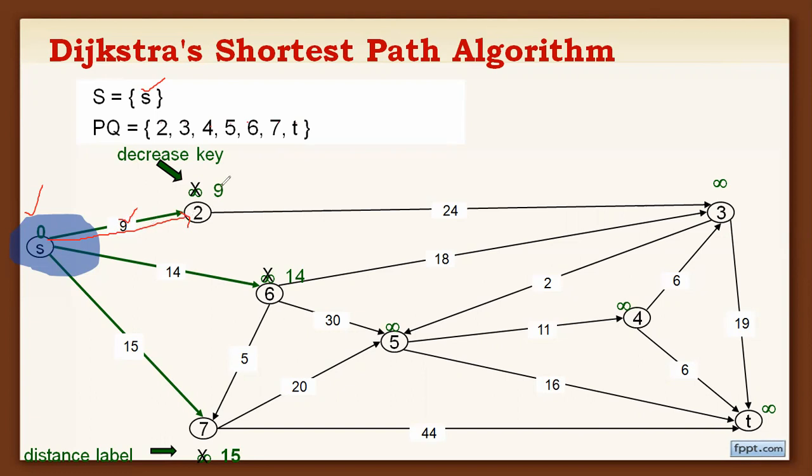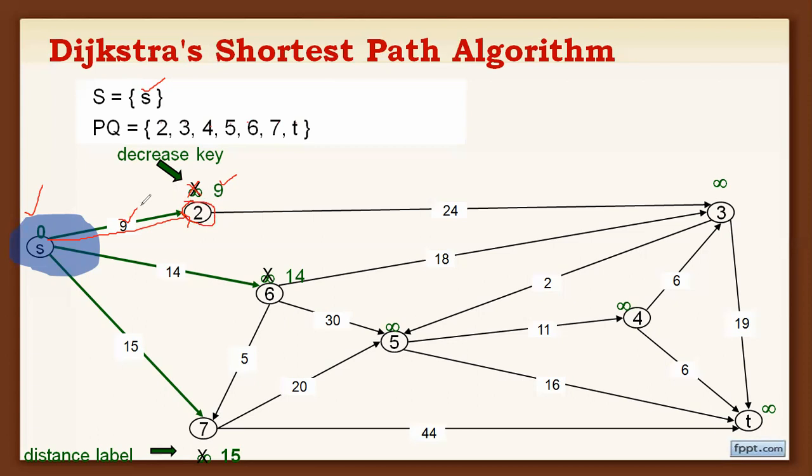Now compare 9 with infinity. Which one is minimum? 9 is minimum. Hence we consider this one and ignore the infinity value. So here we have found the smallest distance from S to 2. This is over.